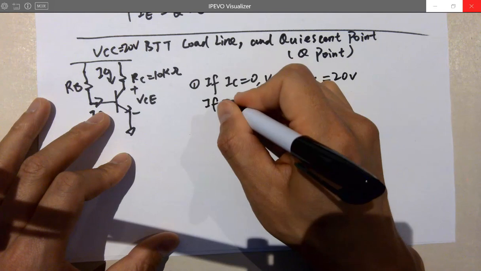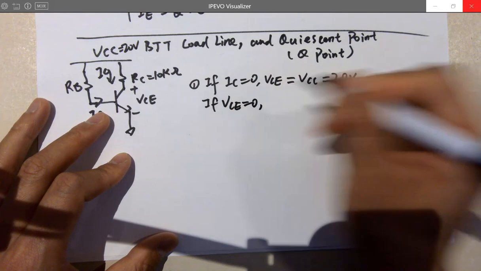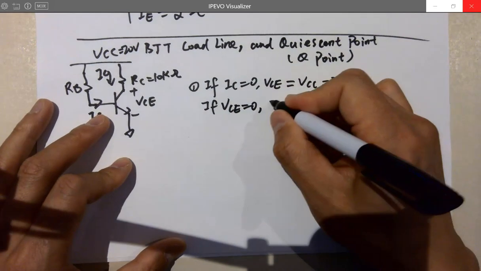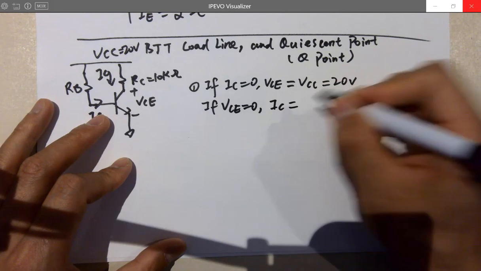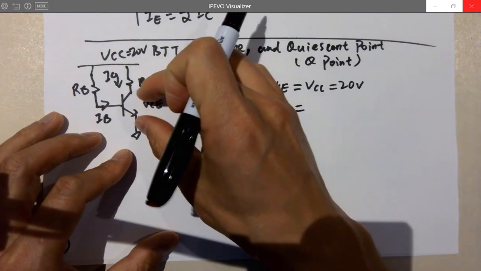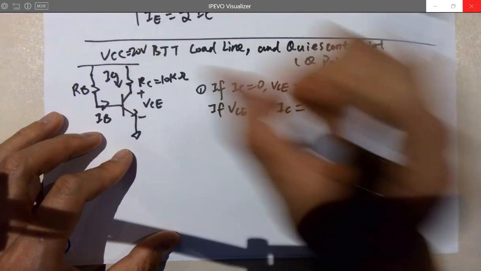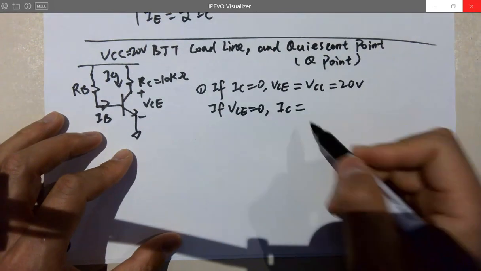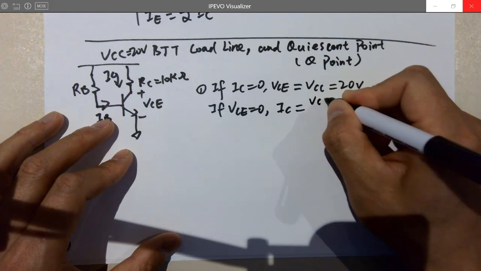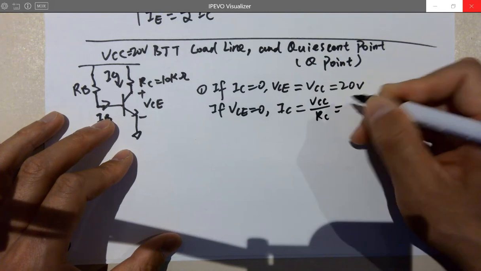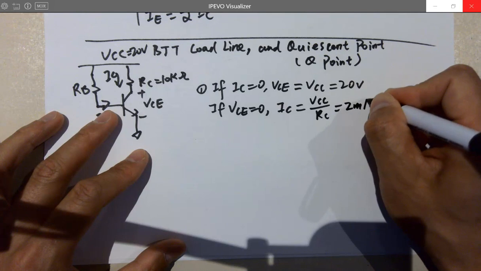If VCE is 0 at some point, what is IC? If VCE is 0, all the VCC will be dropped across RC, and you can find IC is directly VCC over RC, 2 milliamps.